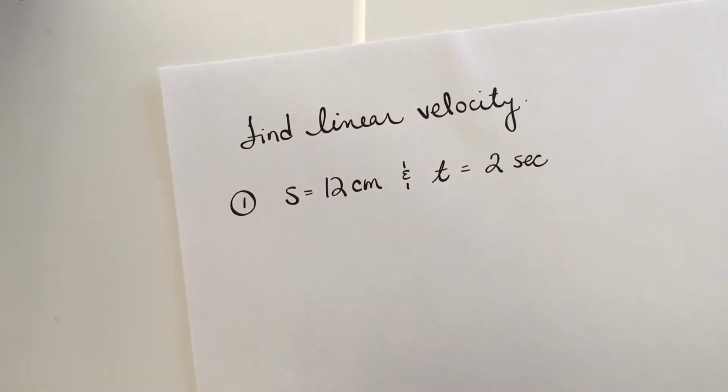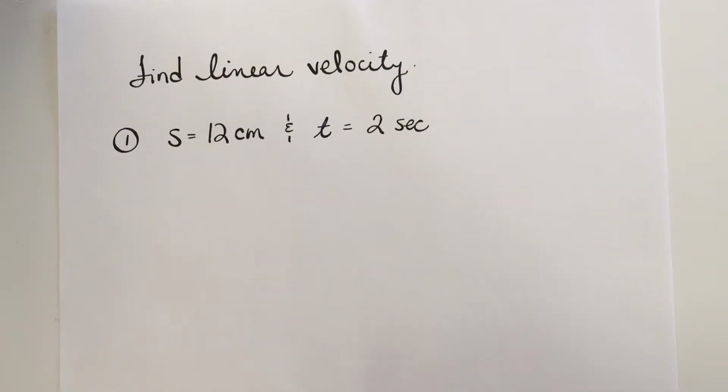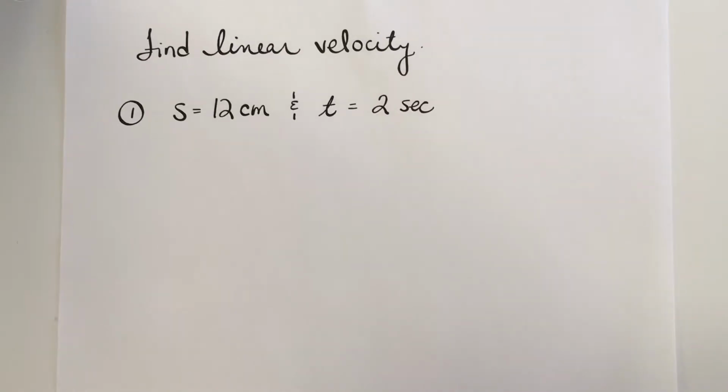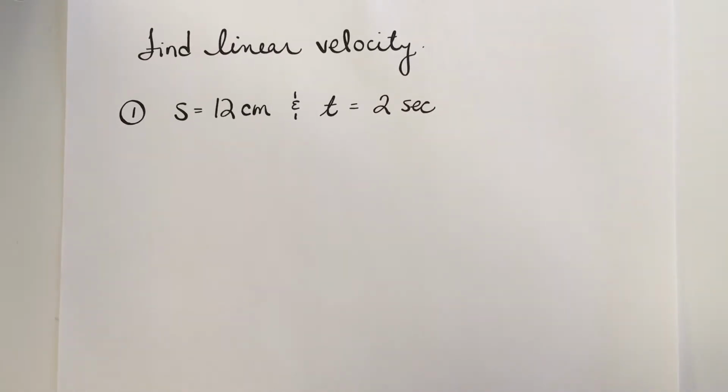All right, the first several problems that I'm going to work are not related to an actual real life situation. It's just here are the numbers, plug them into the formula, so you get used to working with your formulas. In this case, you're asked to find your linear velocity.